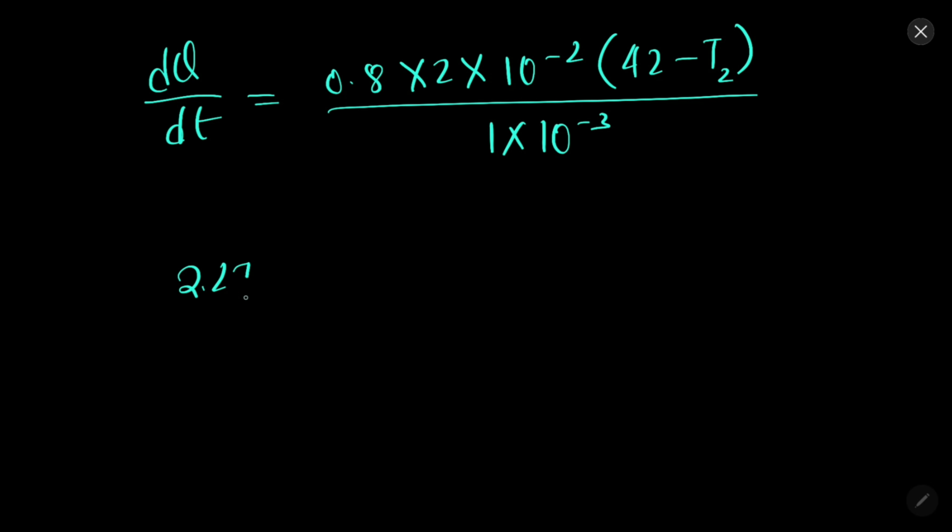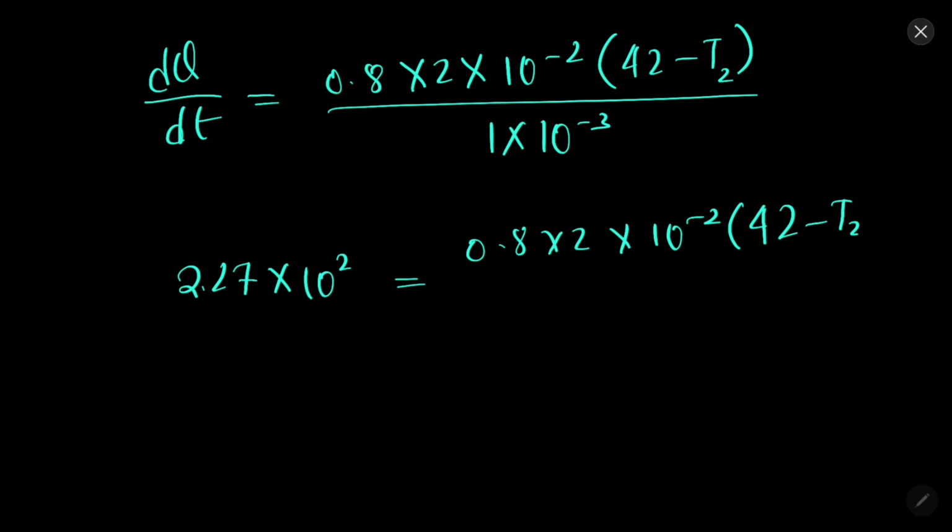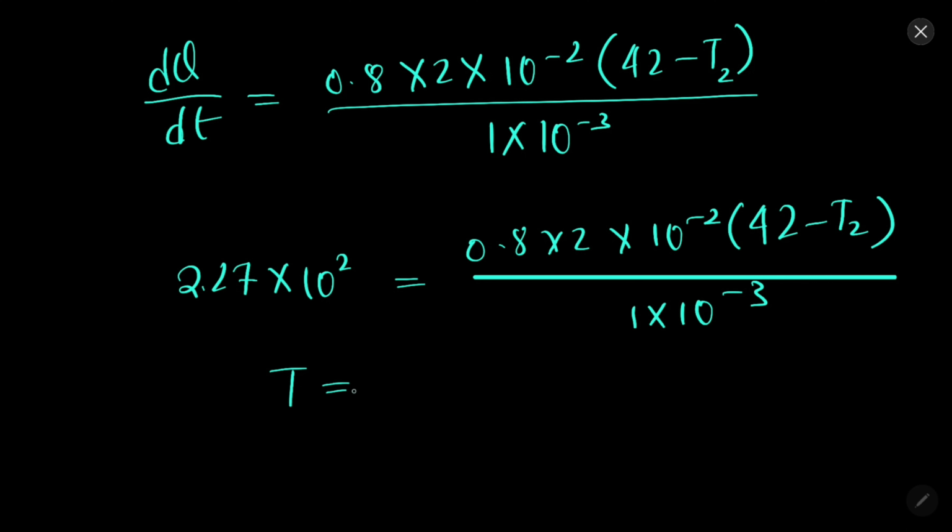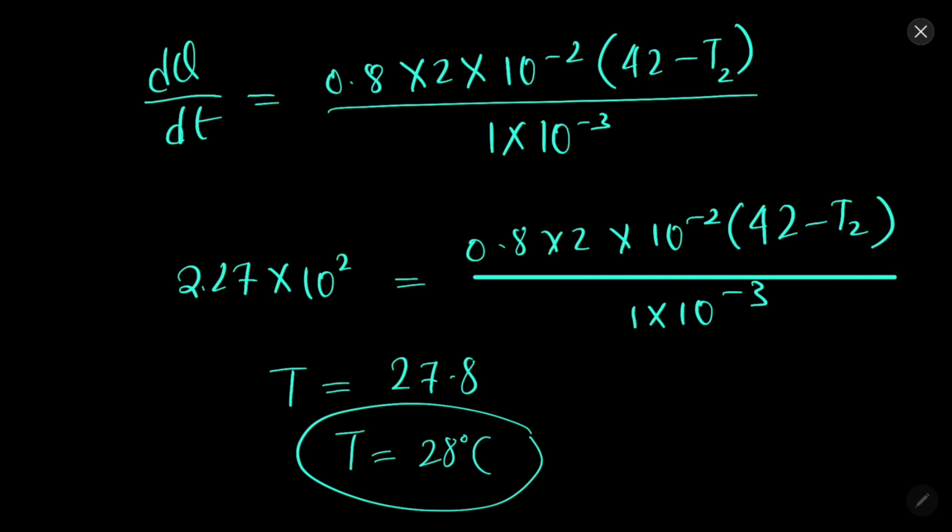Now this is 2.27 into 10 to the power 2 equals 0.8 into 2 into 10 to the power minus 2, (42 minus T) over 1 into 10 to the power minus 3. So after solving this, we will get T equal to 27.8 or approximately 28 degrees Celsius.